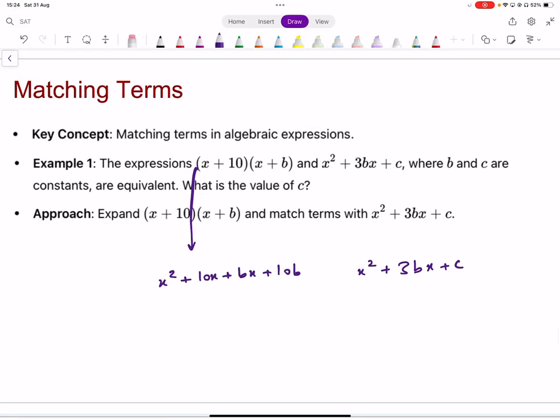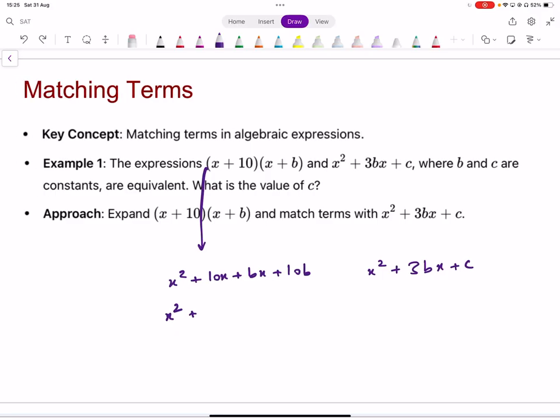What's the coefficient of x squared that we're getting? 1 in both of them. 1 equals 1. That's not quite helpful. But what's the coefficient of x and what's the constant term now? Can you figure that out? What's the coefficient of x in this expression? 10 and b.